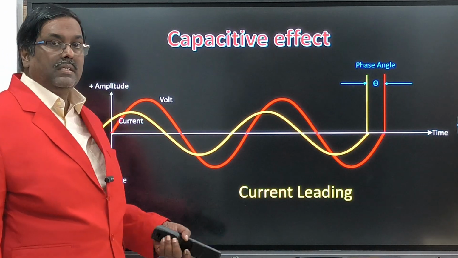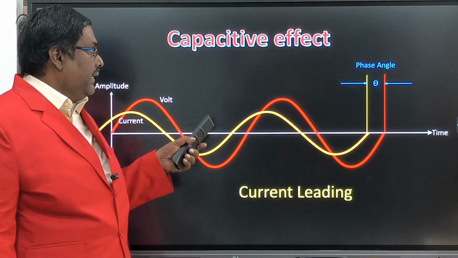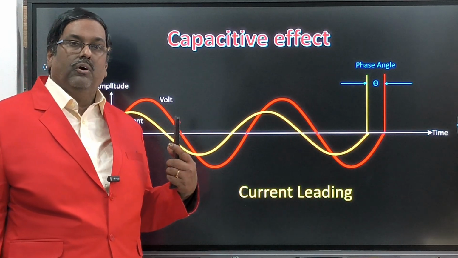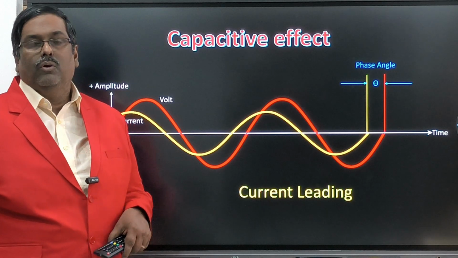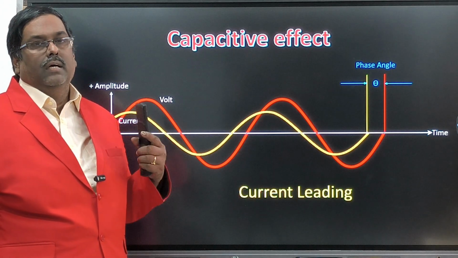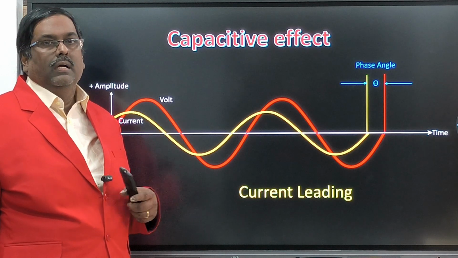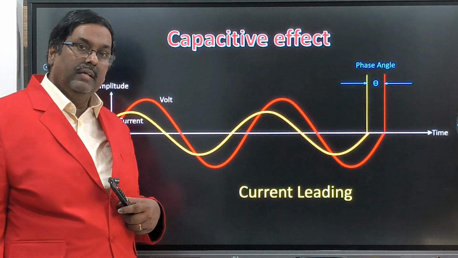So now you understand what leading means, what lagging means, and why it is happening. And a capacitor is not a load, it is used for improving the power factor. Inductive will delay the current. I told you, due to the Lenz law effect, the current is opposing the cause producing it. That is why it is delaying the current.